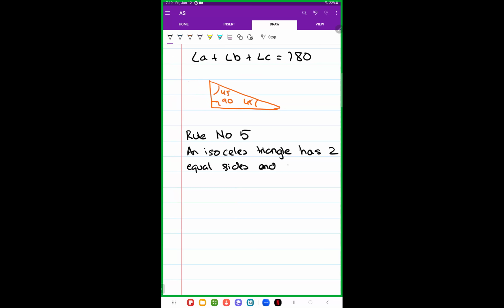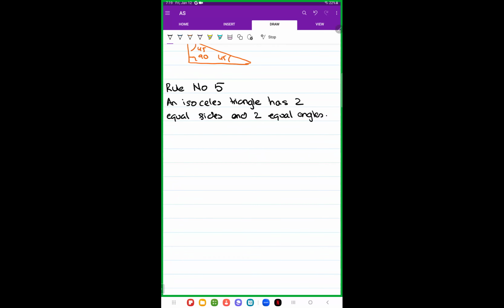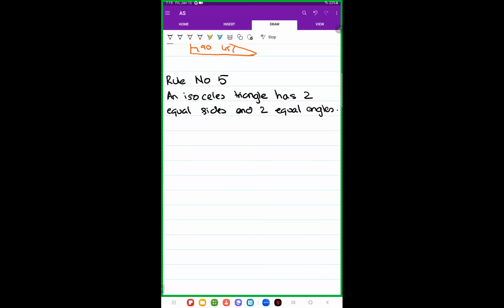What is an isosceles triangle? It's basically a triangle which has two equal sides. For example, this is my triangle. If any two sides are equal, for example, these are equal, this is called an isosceles triangle. Now, what the rule says is, if the two sides are equal, then these two angles will also be equal.